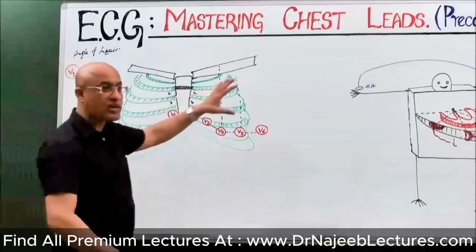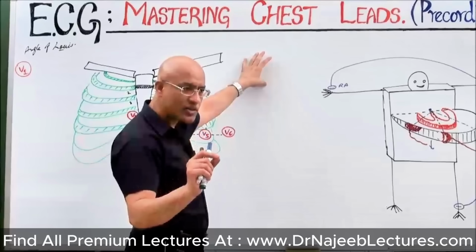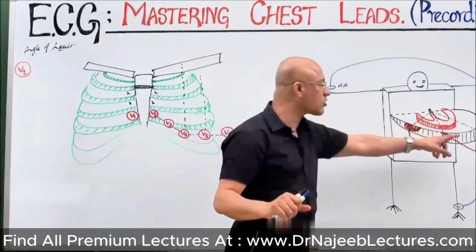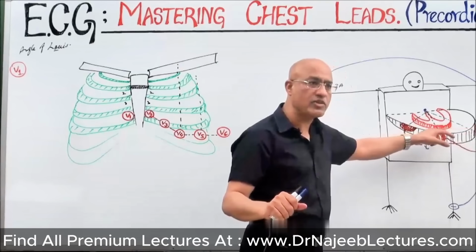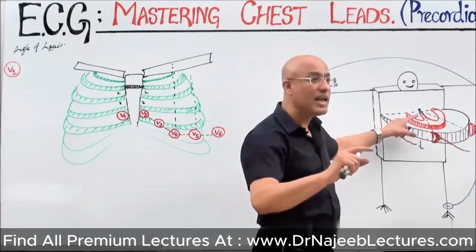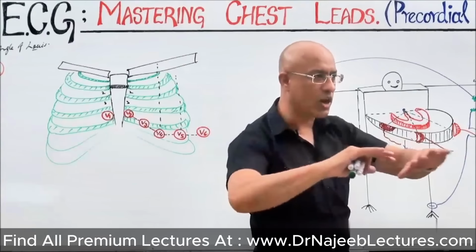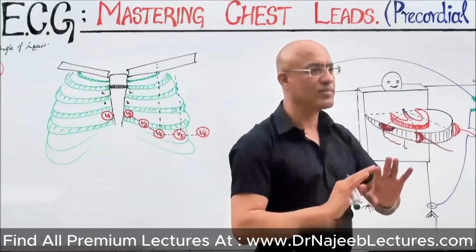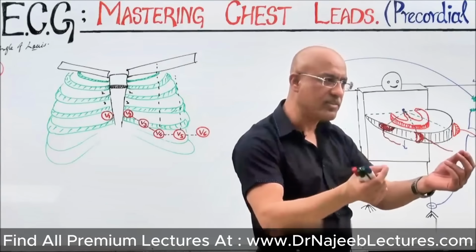Now this was about what we have discussed up to now. We have talked about what chest leads are. Chest leads are unipolar ECG leads having an exploring electrode and an indifferent electrode. The exploring electrode is applied on the surface of the chest to determine the electrical activity of the heart, which is transmitted along the horizontal plane. How do you construct a chest lead? Very simple.